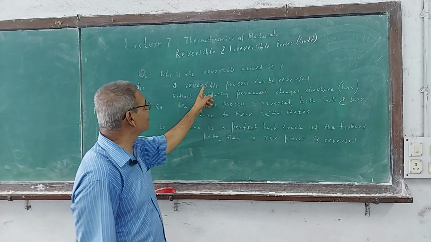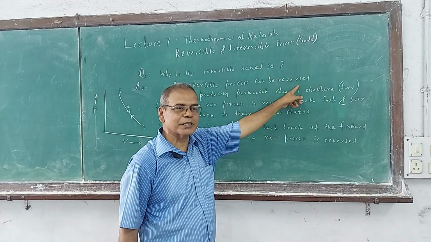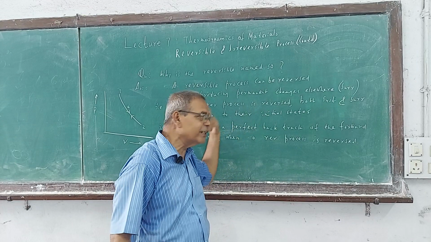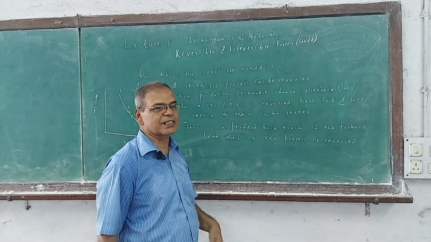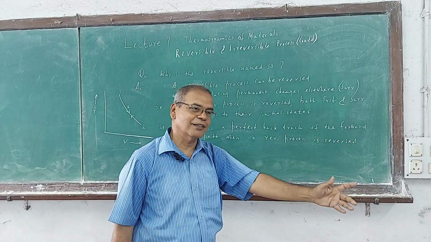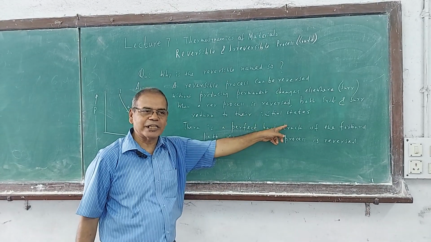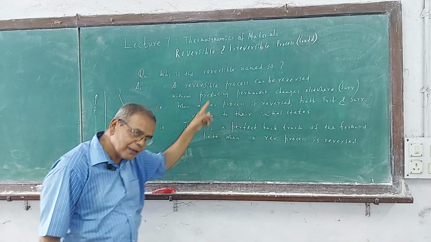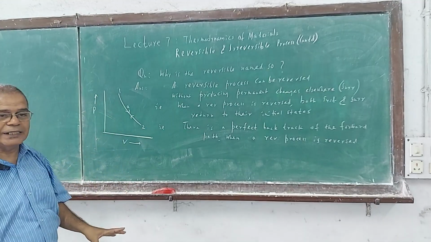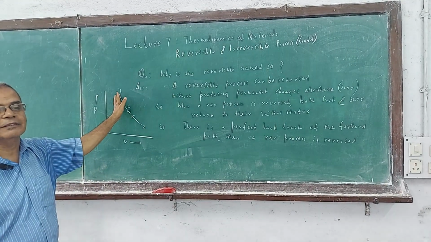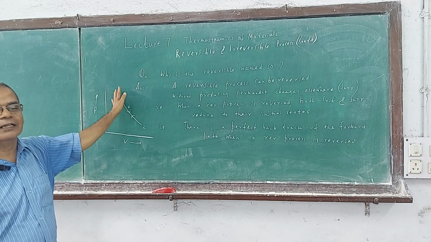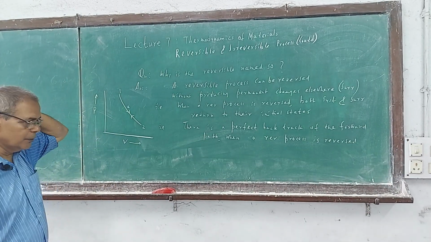When the reversible process is reversed, the system is taken back, and there is no change in the surroundings, which are also returned to their respective initial states. And very easily from the diagram.